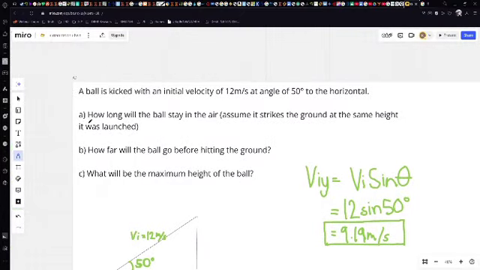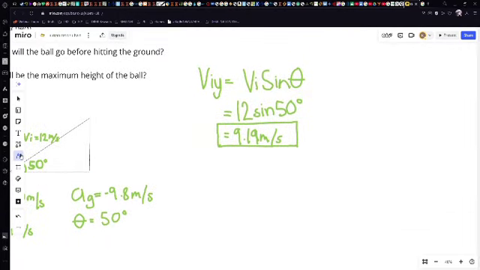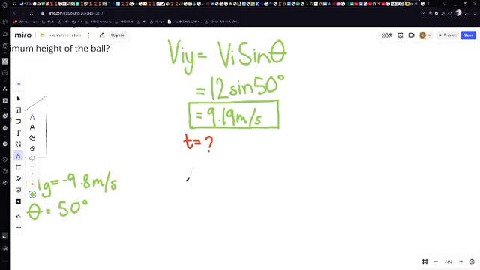Now in this problem we are looking for how long. That indicates time, so we have to find the time it takes for the ball to stay up in the air. We can solve for time by deriving a formula, which is a equals Vfy minus Viy over t.